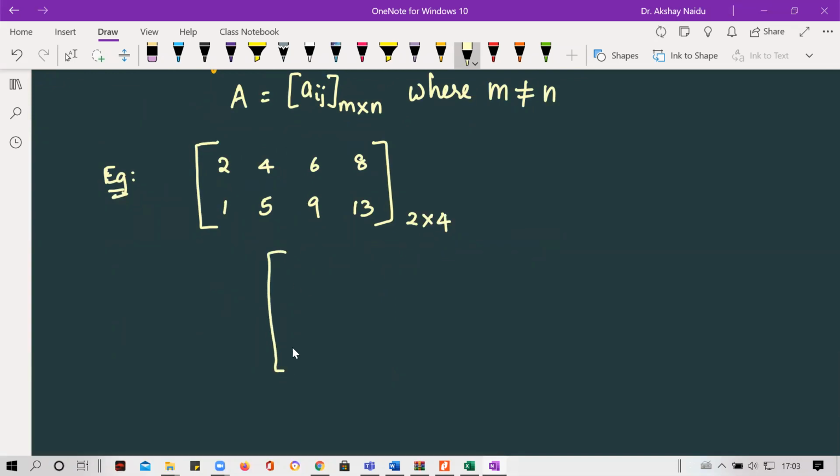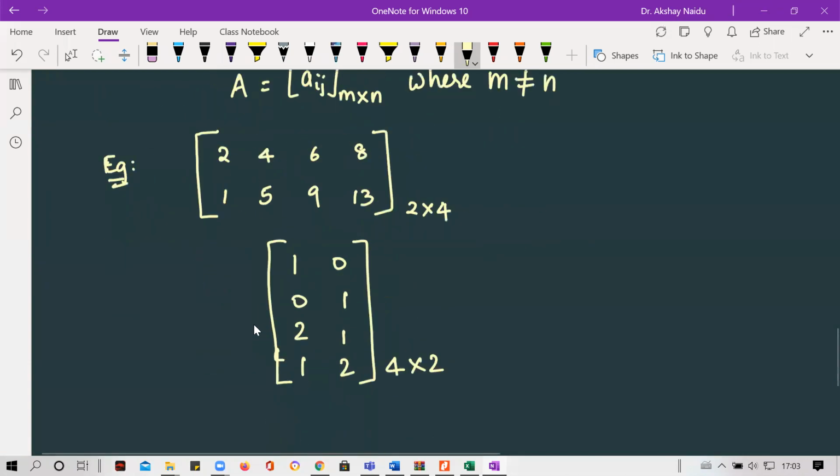Or 1, 0, 0, 1, 2, 1, 1, 2. These are 4 rows and 2 columns. It can be 3 by 4 or 4 by 3. So many combinations are possible. This is a rectangular matrix.